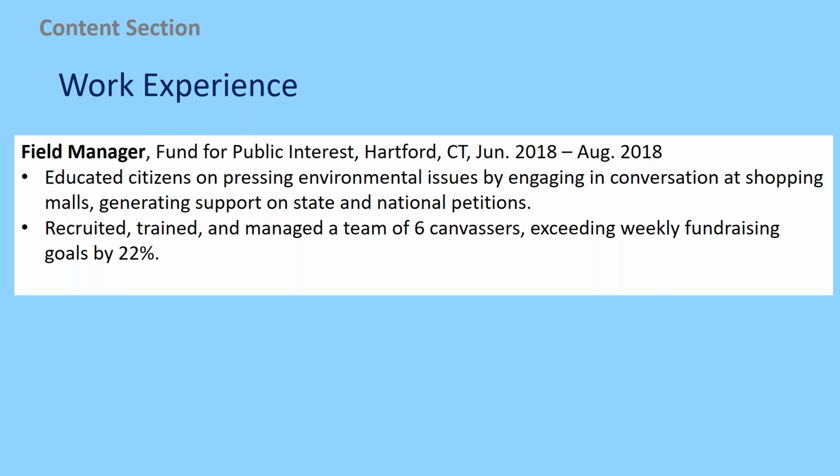And note that the bullet point statements are in the past tense, and that's because the job occurred in the past. So if you're writing about something that's occurring now, you would keep your action verbs typically in present tense. And then if it's an experience that happened in the past, you could put them in past tense.